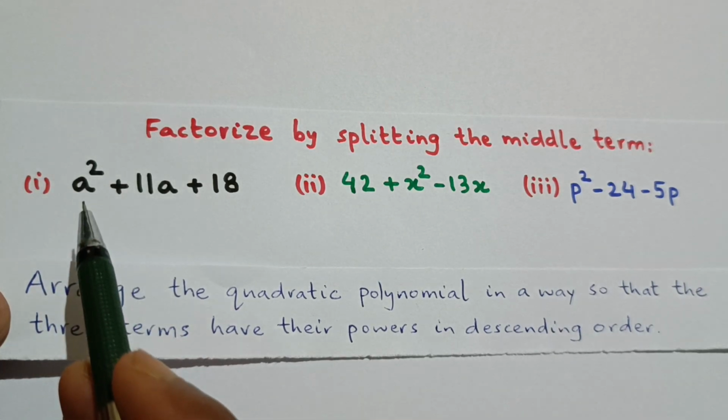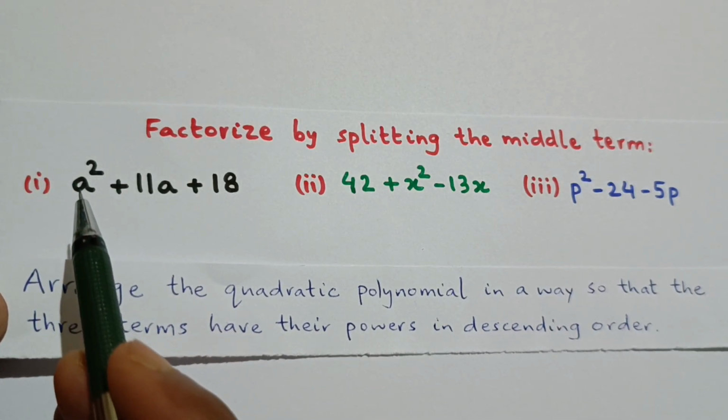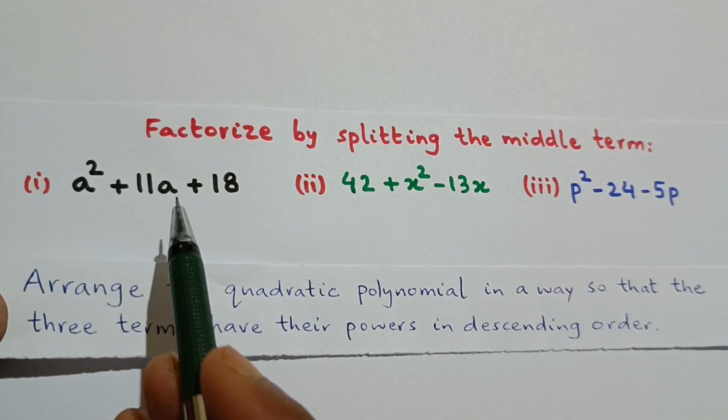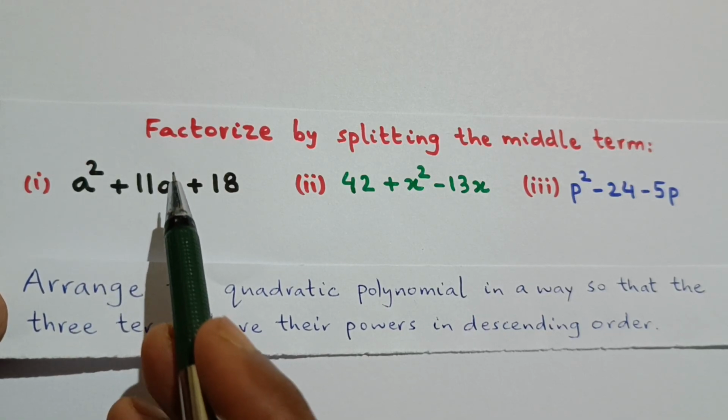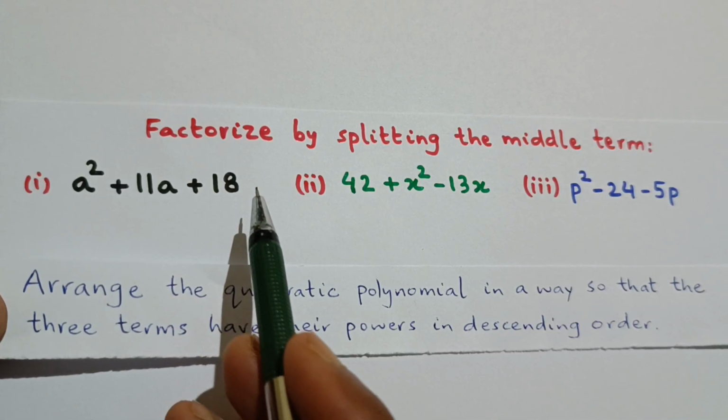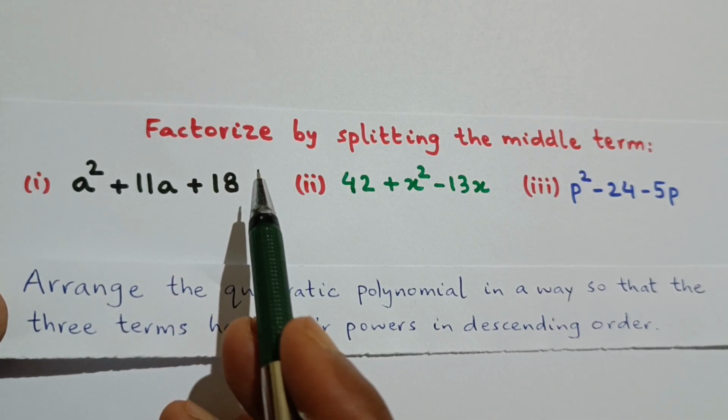This is the first term. Here the power of A is 2. This is the second term. Here the power of A is 1. And this is the third term. Here the power of A is 0.